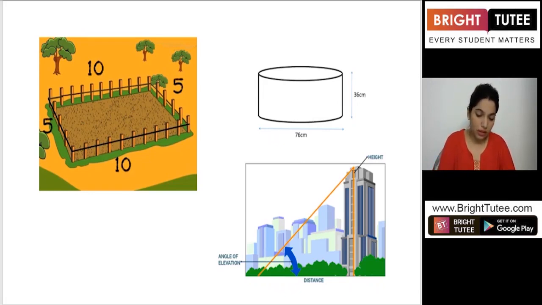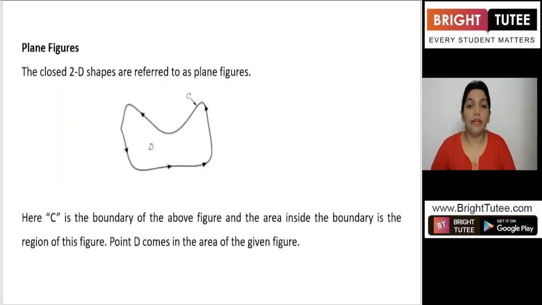Now, let us start with the plane figures, and then we'll begin with perimeters, because this is the basic part of mensuration. We'll quickly get to it. This slide says that we are going to learn about plane figures.